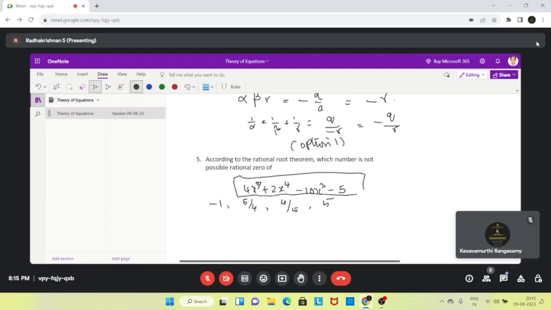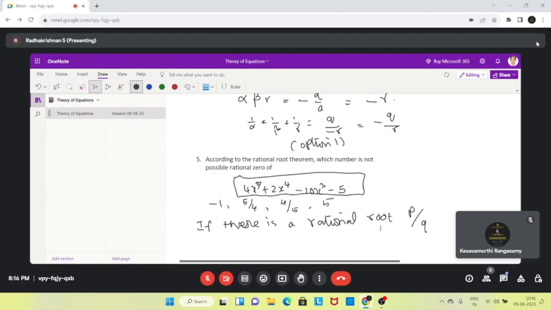Okay. If at all. So what is possible? The question is asking which is possible and which is not possible. They're not asking which is the root. If there is a rational root, rational means it should be of the form p by q.